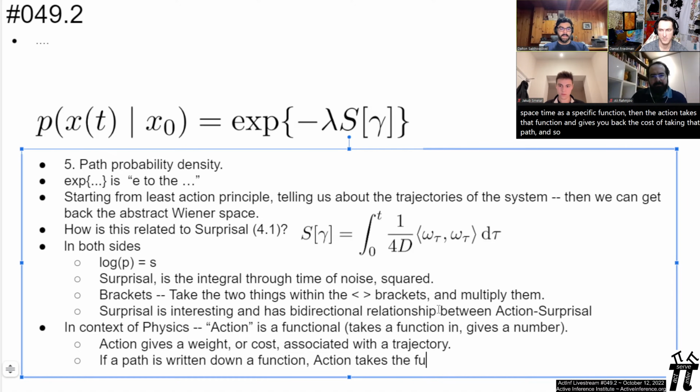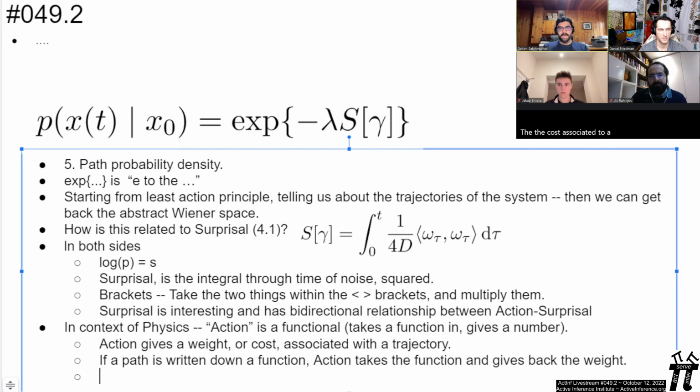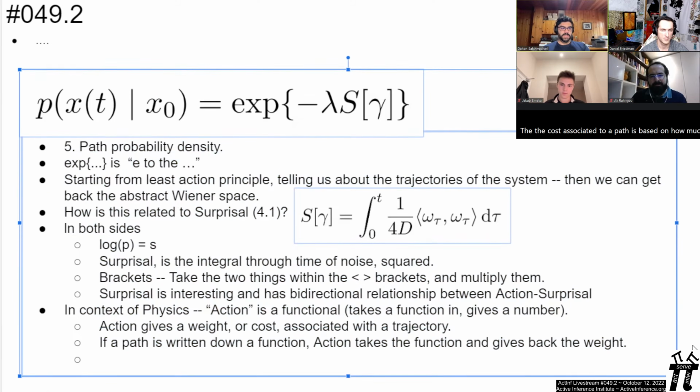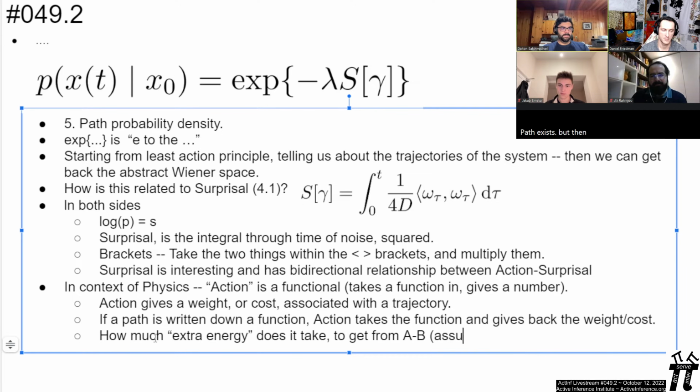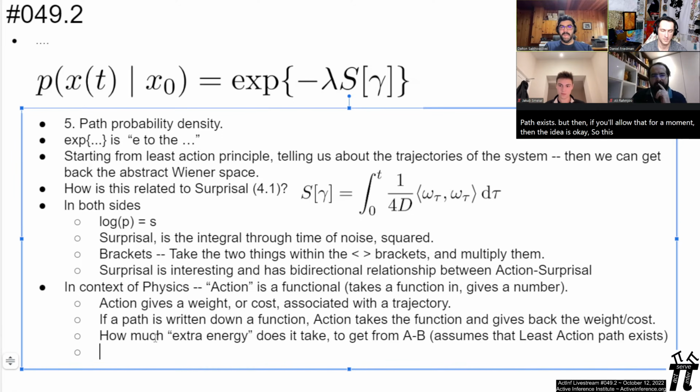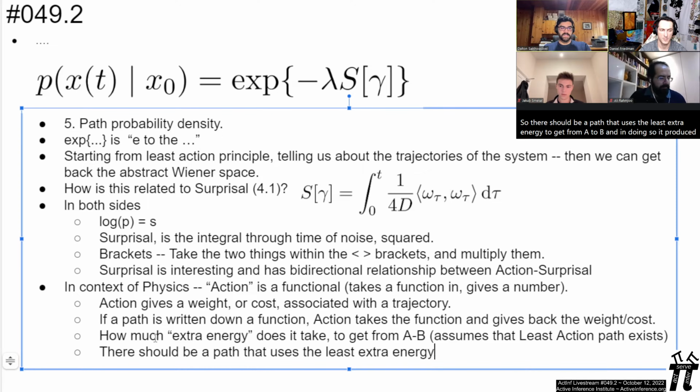And so the idea in classical mechanics is, okay, the cost associated to a path is based on how much extra energy does it take if you take that path from A to B. And extra energy is kind of circular in the sense it kind of presupposes the least action path exists, but then if you'll allow that for a moment, then the idea is, okay, so there should be a path that uses the least extra energy to get from A to B. And in doing so, it produces the least cost.